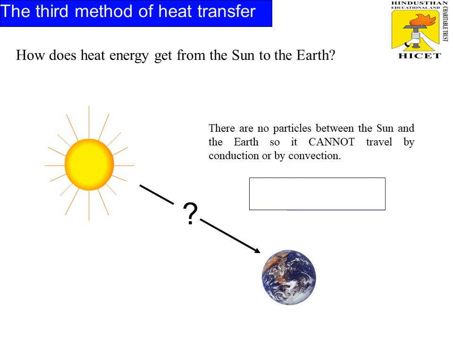We know conduction and convection only travel through a medium, but here there is no medium between the sun and the earth. It travels by radiation. By the radiation mode of heat transfer, the heat is transferred from the sun to the earth. It is electromagnetic waves which carry the heat from the sun to the earth.